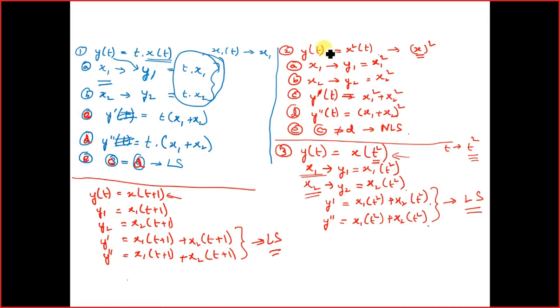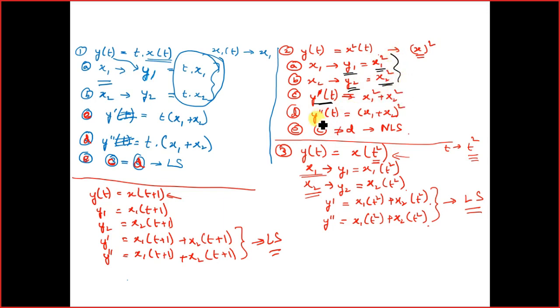Similarly, we can go for another system whose input output relationship is given by y(t) equals x squared(t). So for x1 we get y1 equals x1 square, for x2 we get y2 equals x2 square, and y dash(t), where outputs y1 plus y2 are added, is basically x1 square plus x2 square.